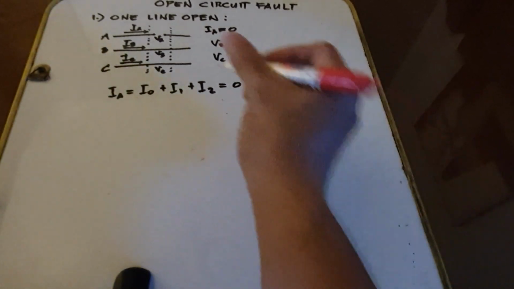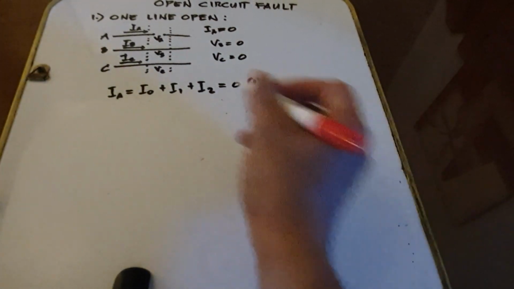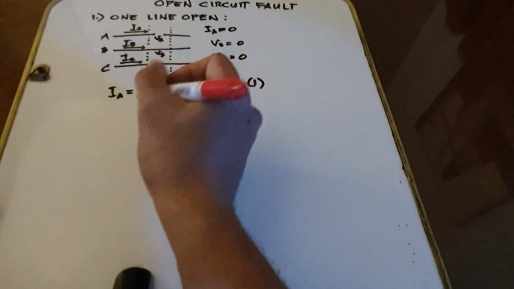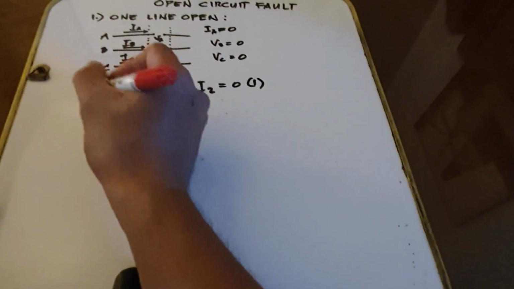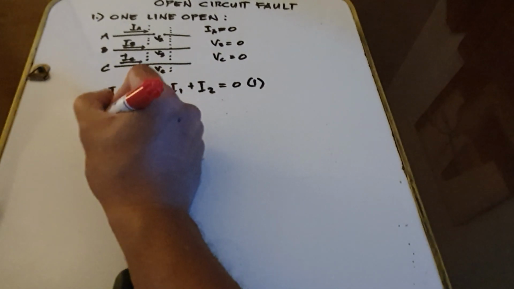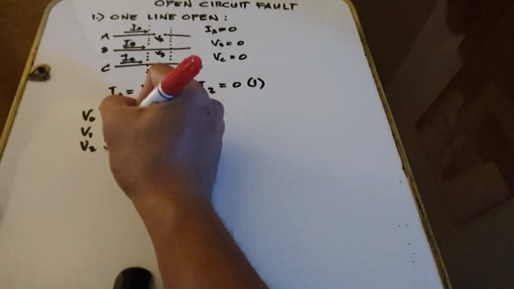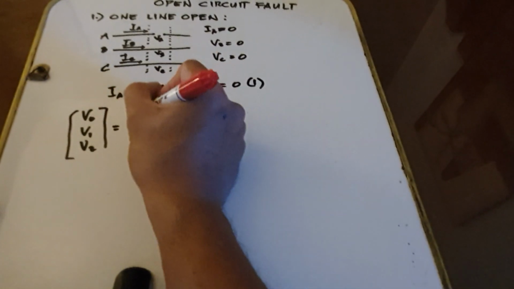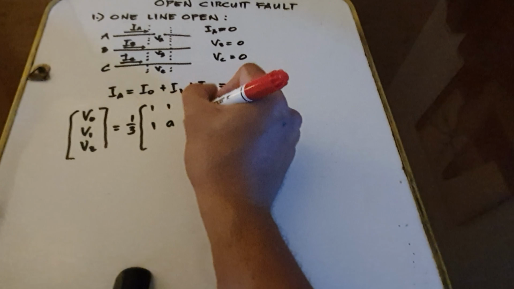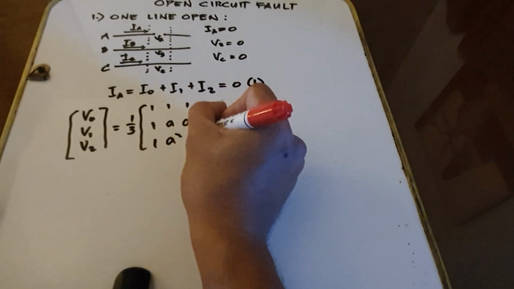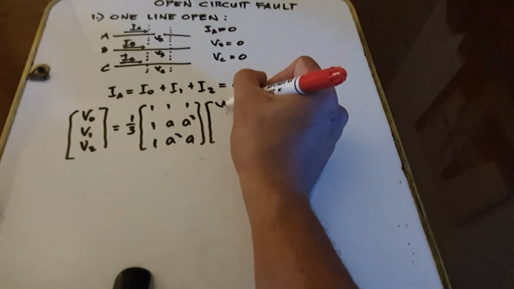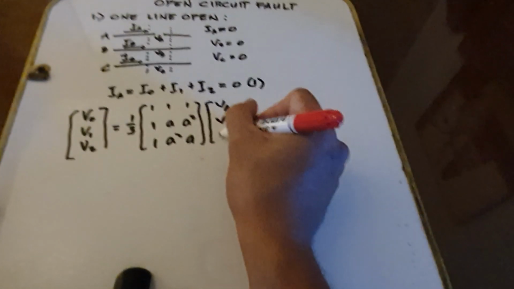So how about the voltage? If we use the symmetrical components, the sequence voltage formula is V0, V1, V2 equals 1/3 times the matrix 1, 1, 1, 1, A squared, A, 1, A, A squared, times the phase voltages VA, VB, and VC.